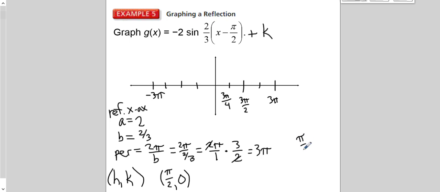So here's a little bit of math I did over to the side. Pi over 2 is really just 2 pi over 4. And if this mark is 3 pi over 4, well then I need to know where 2 pi over 4 is. So let's break this into thirds, because then that's 1/4 pi, 2/4 pi, 3/4 pi.